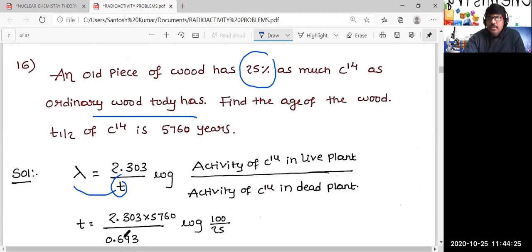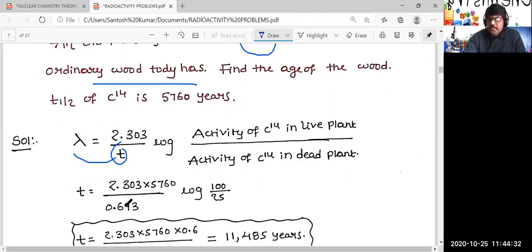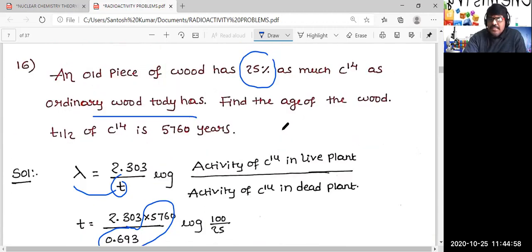But you already know the relation between T half and lambda. So in place of lambda I'm writing 0.693 by T half. What is the given T half? 5760. You should observe this term clearly. Here lambda is in the denominator, and in place of that decay constant, I'm writing 0.693 by T half, and the log of activity of C14 in the live plant over the old piece of wood.